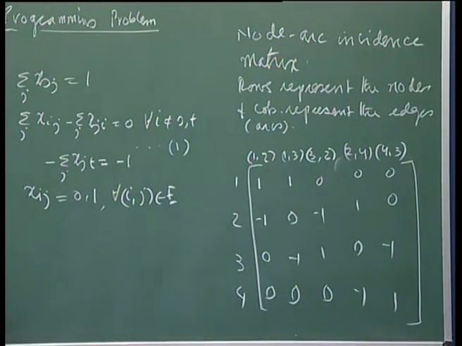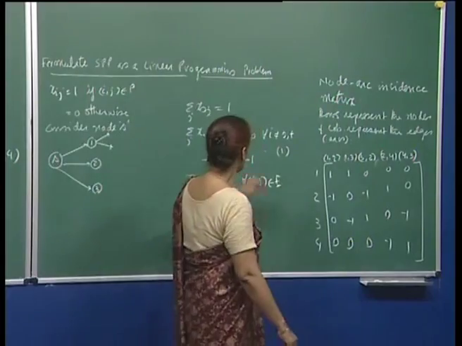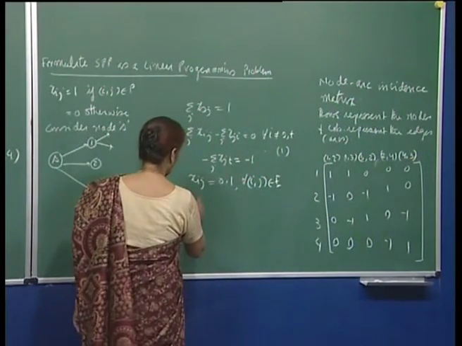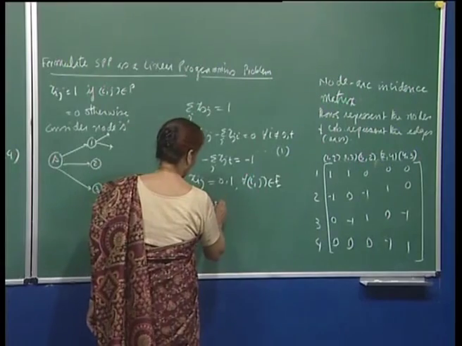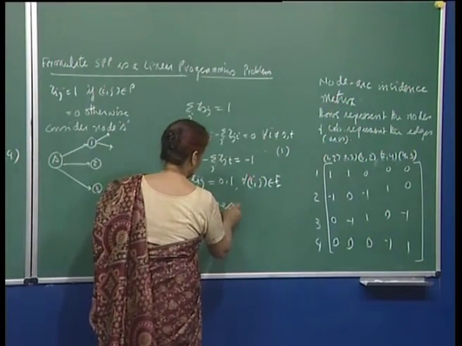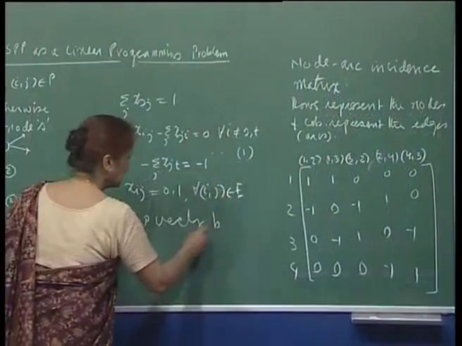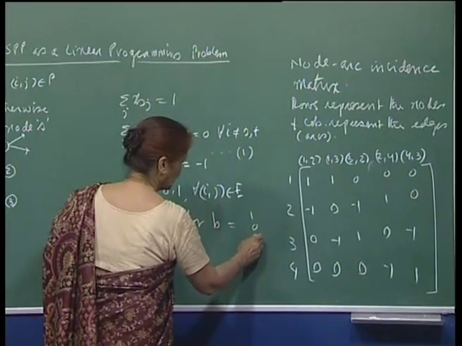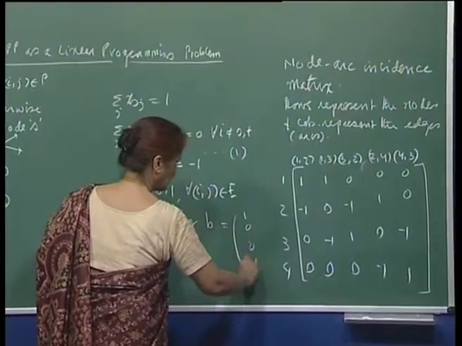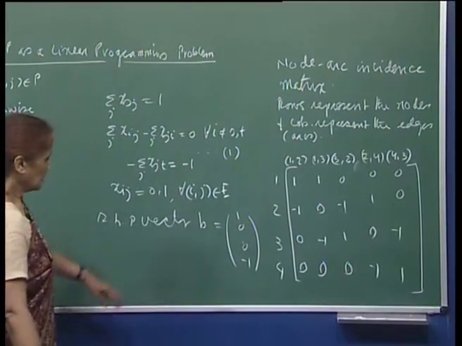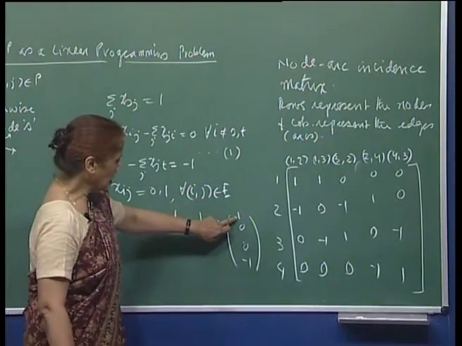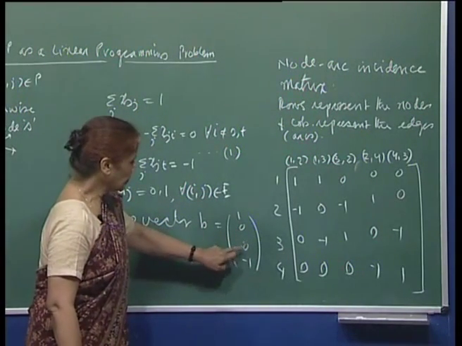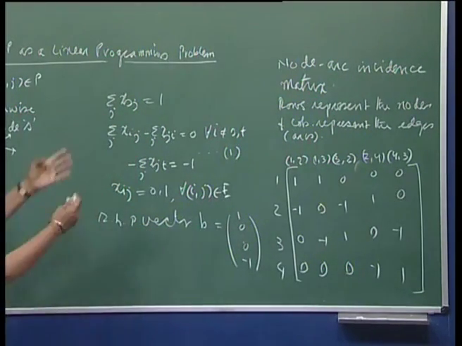You take this as the matrix A, and the constraints can be written as Ax = b, where your right hand side vector b will be 1, 0, 0 and then -1. This is for node 1 and this is for node 4, and for nodes 2 and 3 it is 0.